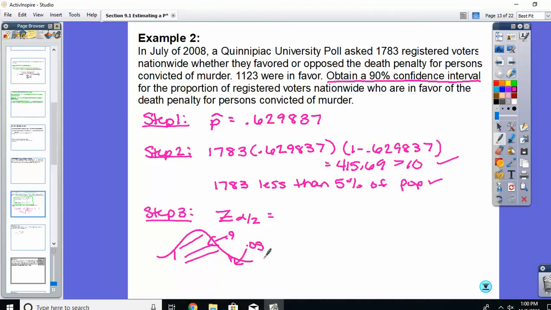Okay. Now remember Z alpha notation. This tells you the area to the right. So if 5% is to the right, how much is to the left? 95. You are looking in your table. You are trying to find the Z so that the area inside the table is as close as we can get to 0.95. So try to find the 0.95 inside the table.